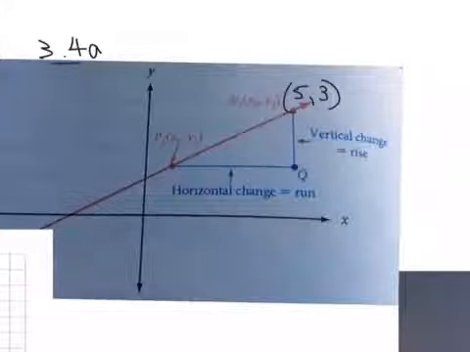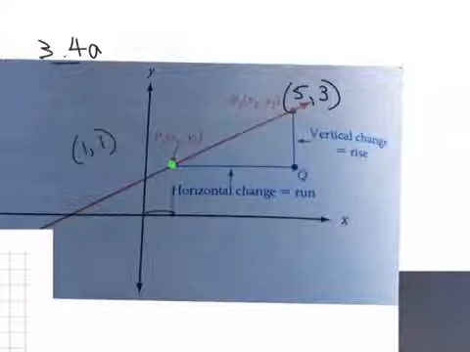Let's say that this point over here is (1, 1). Okay, so we went over 1 and up 1 to get to that point. Okay, so those are our 2 points. We're trying to find out our slope. Well, how far is it from here to here? How far did we have to go to get up to there?